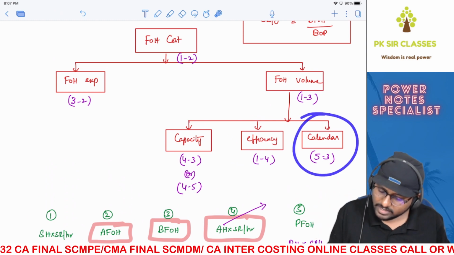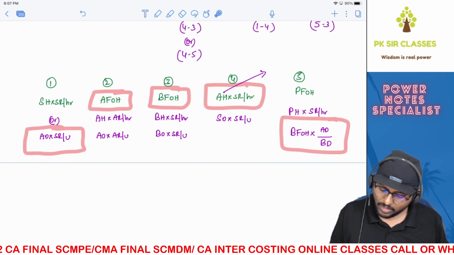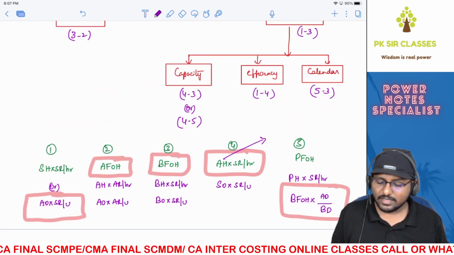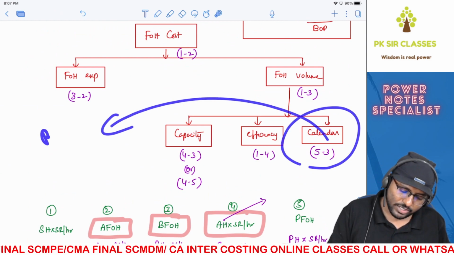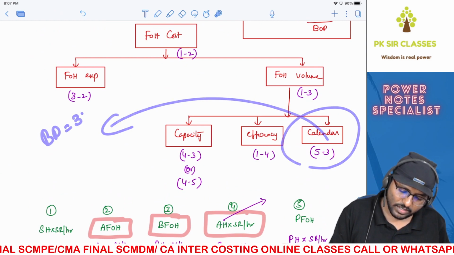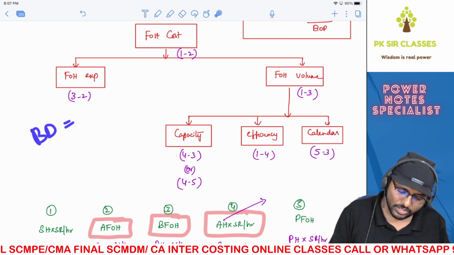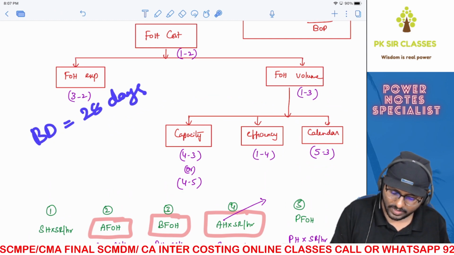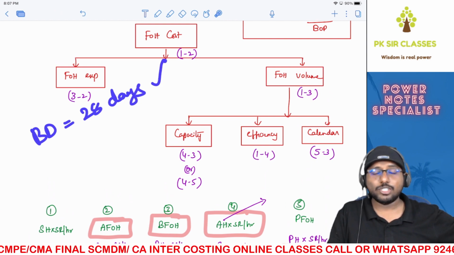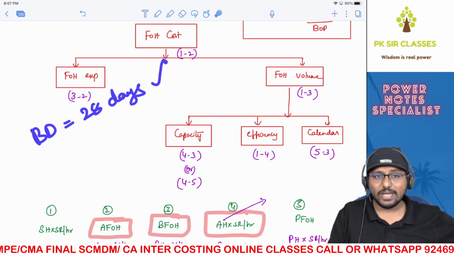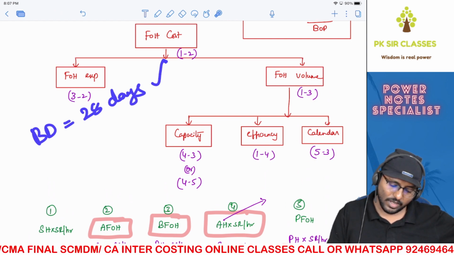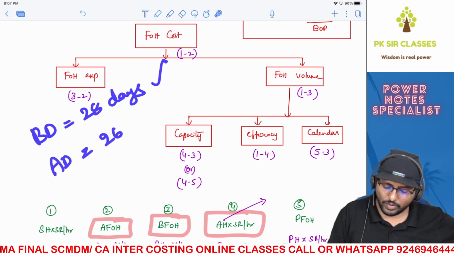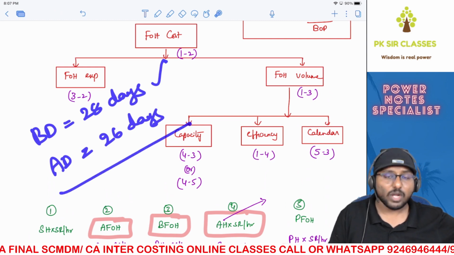So this is a very simple thing and we can understand that. But what about calendar? This is something new. Very simple. See, let's say in a calendar month, your budgeted days is equal to 28 days. Which means as per your budget, you thought that you'll be working for 28 days. Are you able to get me? But in reality, you have worked only for 26 days because of some bandh, whatever it is.